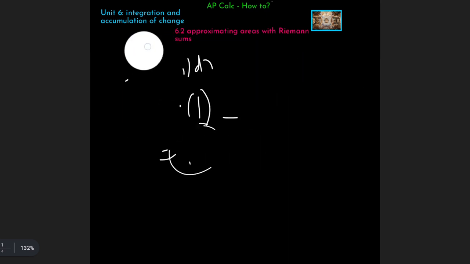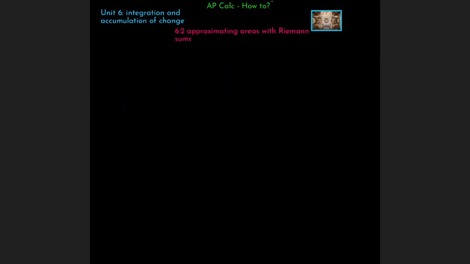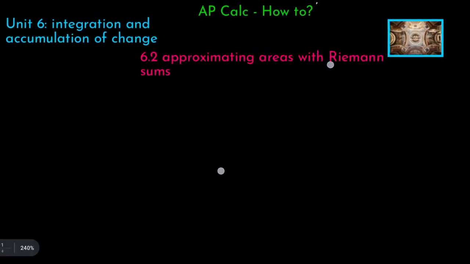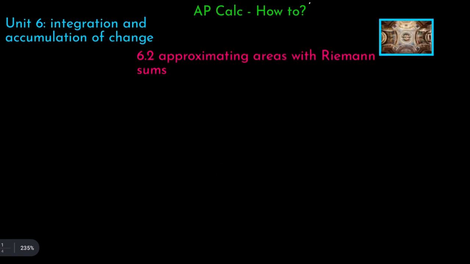Let's go ahead and solve a midpoint Riemann sum. If we have a table of f of x values from 0 to 6, let's use a midpoint Riemann sum with 3 subintervals. If x equals 0, 2, 4, 6, midpoints are x equals 1, 3, and 5.